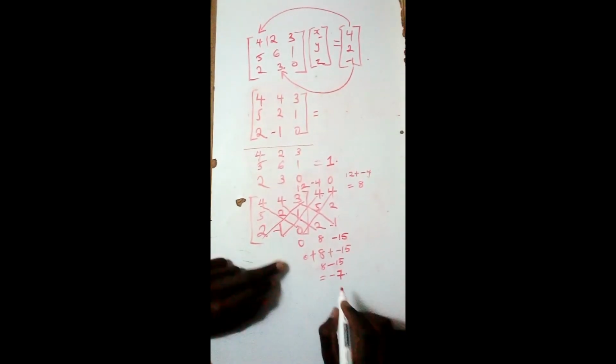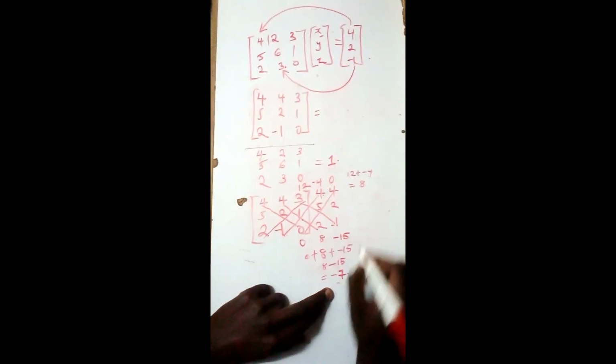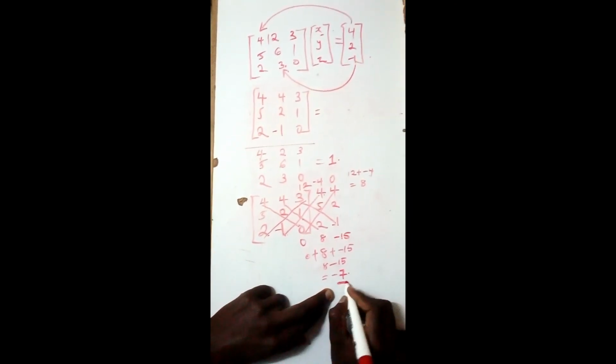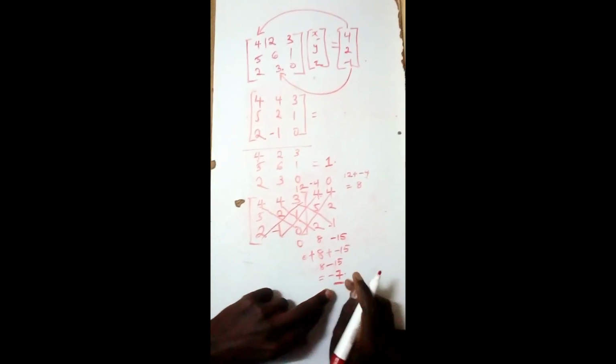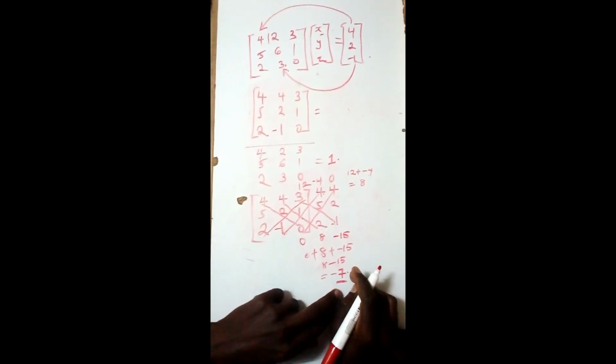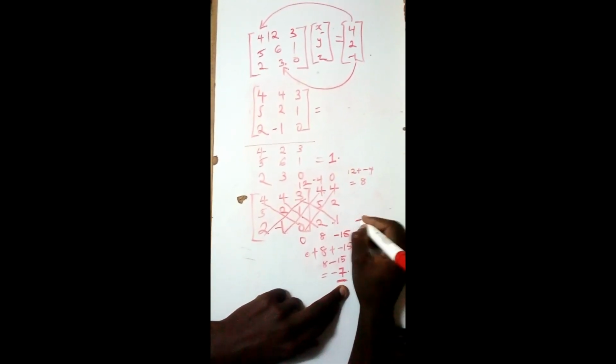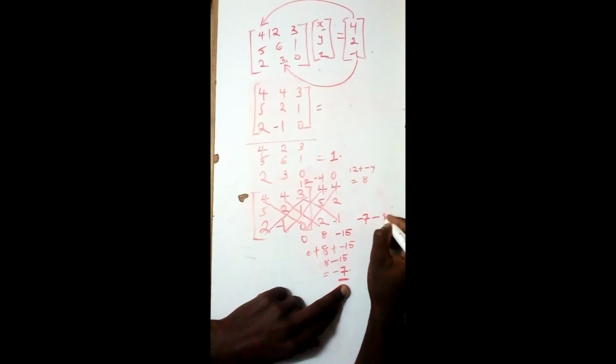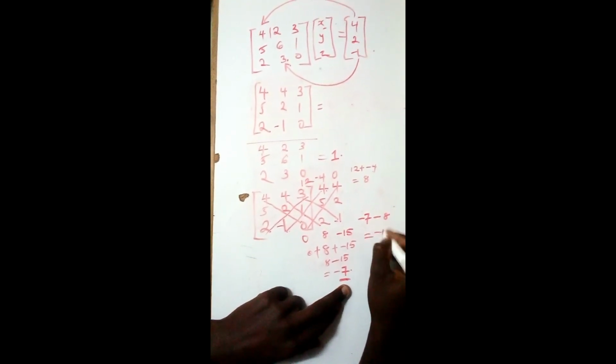So you're going to take the main diagonal value, which is negative 7, minus 8, which is going to give us negative 15.